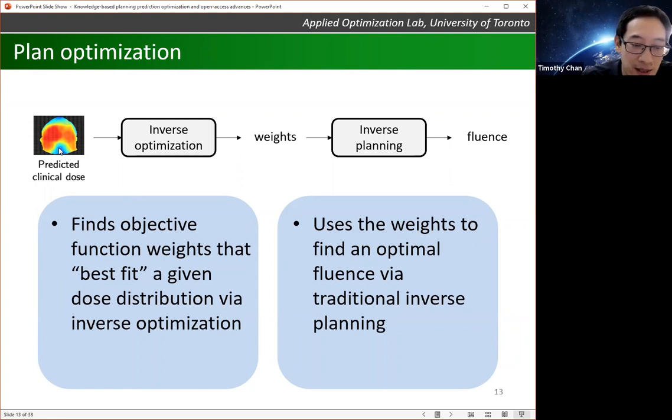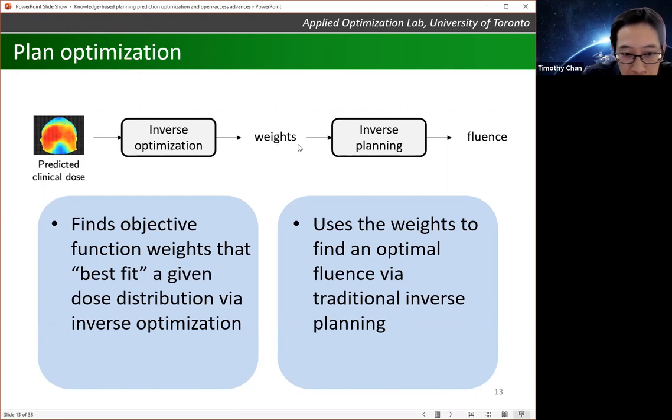So think about some optimization model where there are parameters that need to be determined by a human, for example. The idea is to basically ask the question, what parameter values will generate for us a dose distribution that is as close as possible to this, essentially, when we do the optimization.